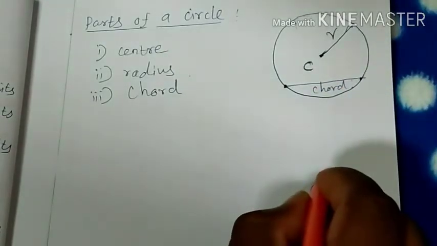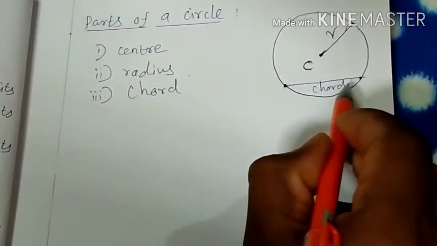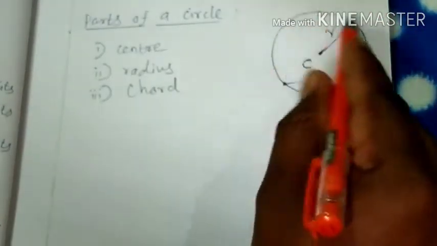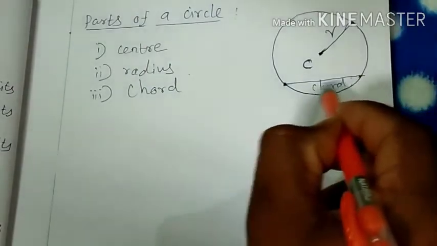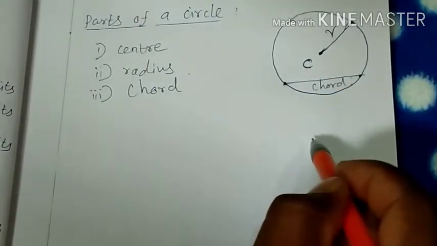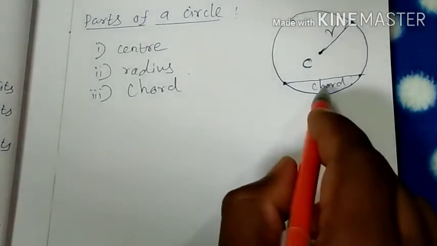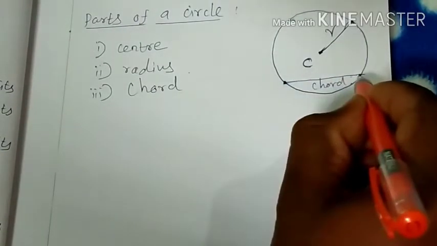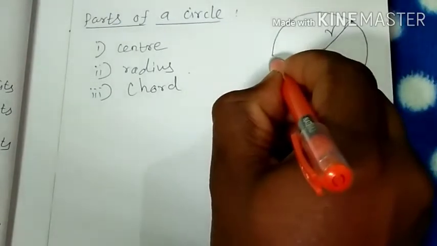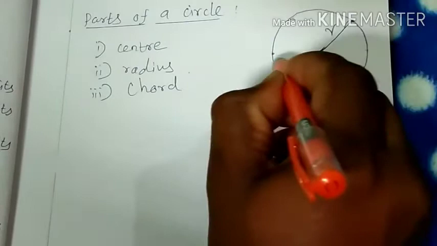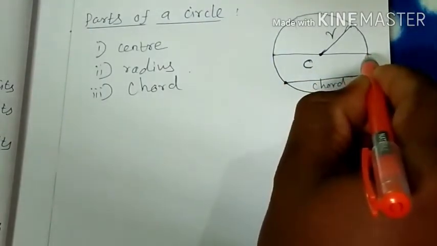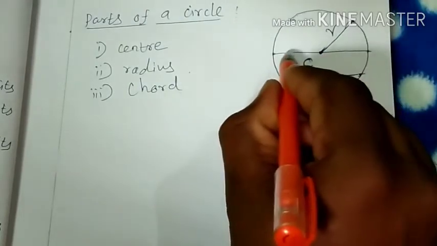Then a chord divides a circle into 2 parts. This is one part, and this is the other part, the upper and lower parts. A chord which passes through the center, suppose we assume the 2 points here are joined with a line segment, means the chord passes through the center.